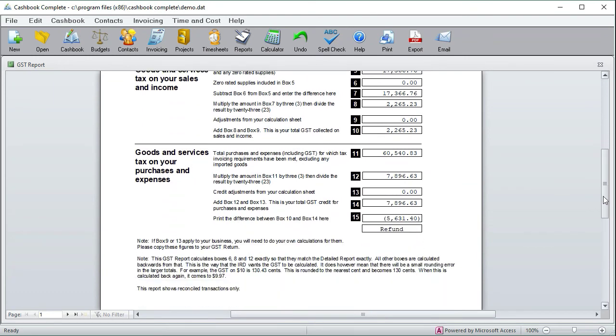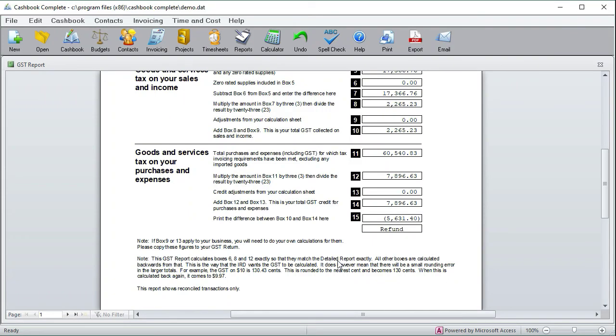Now, one thing that causes some issues with that is that we get rounding, and that causes a bit of confusion for some people, but that's the way the IRD has asked us to do it.